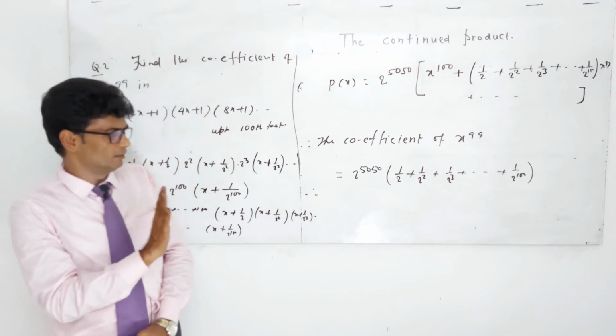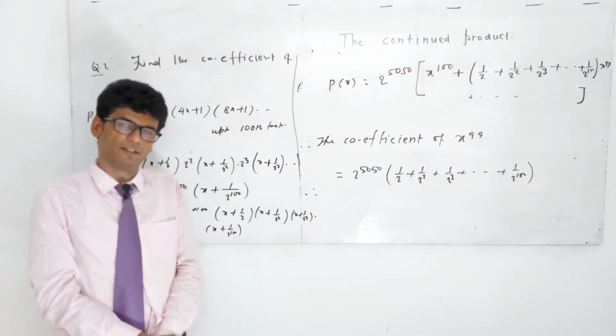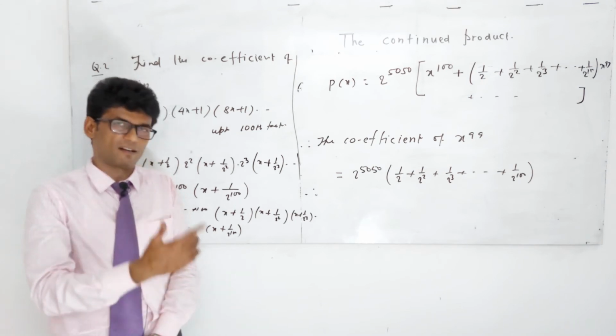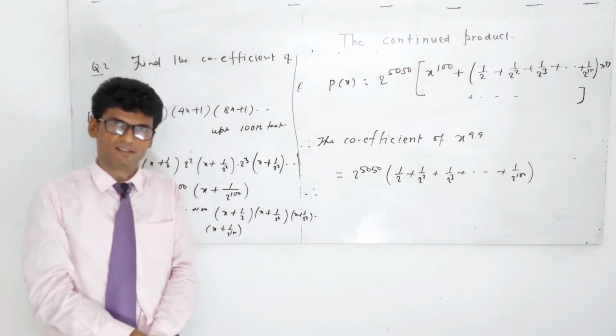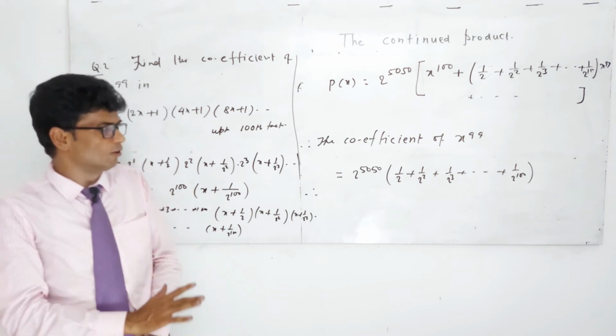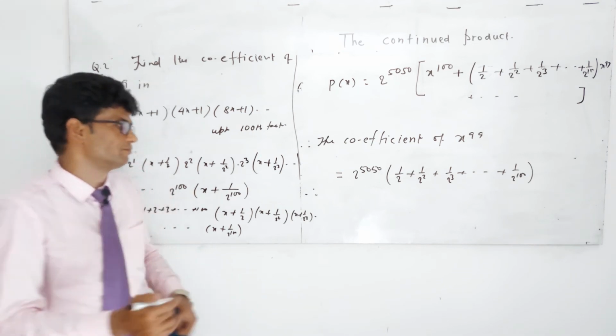However, we will learn in length when we take up series, so arithmetic, geometric, and harmonic series. We will take up in detail there, but right now we are just going to use the result.